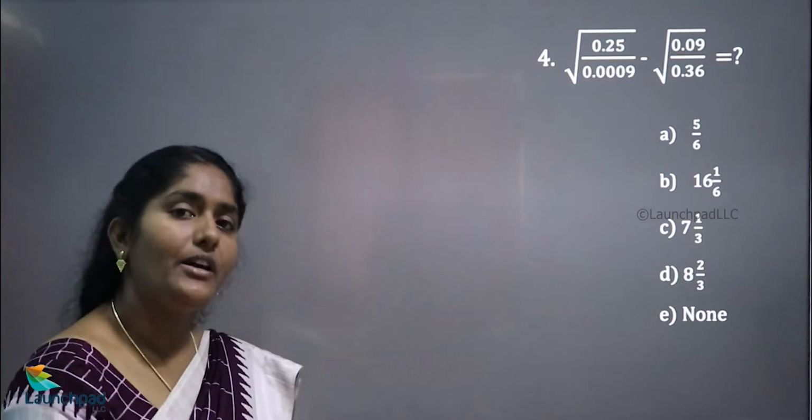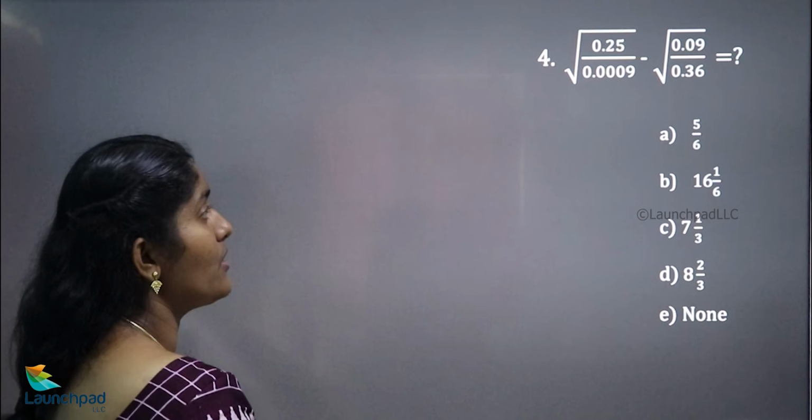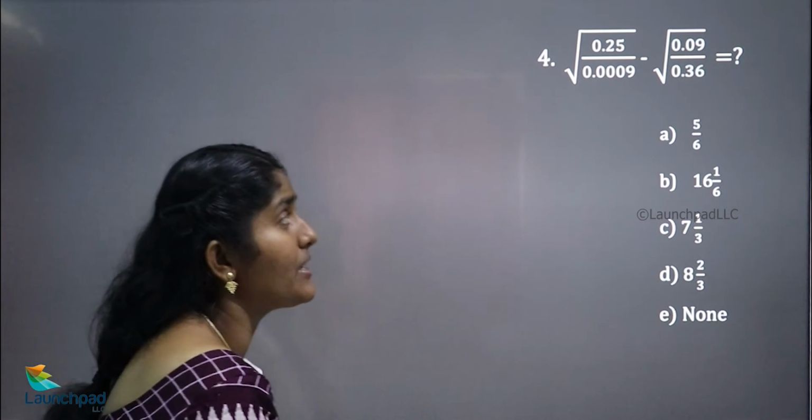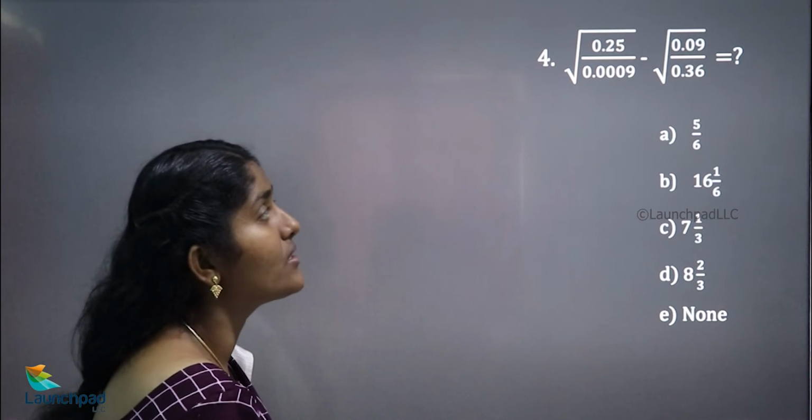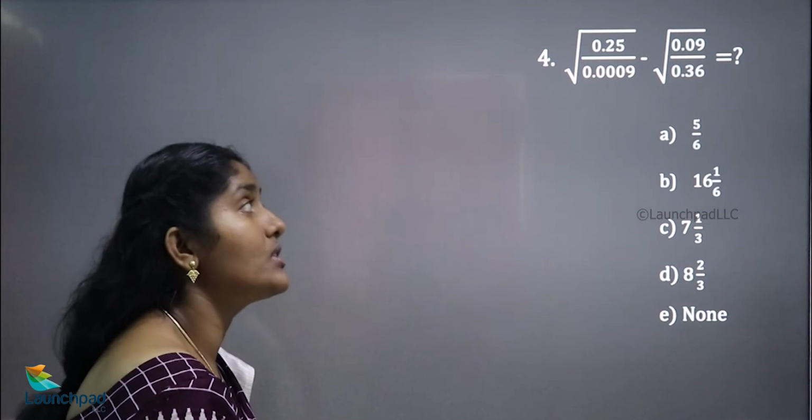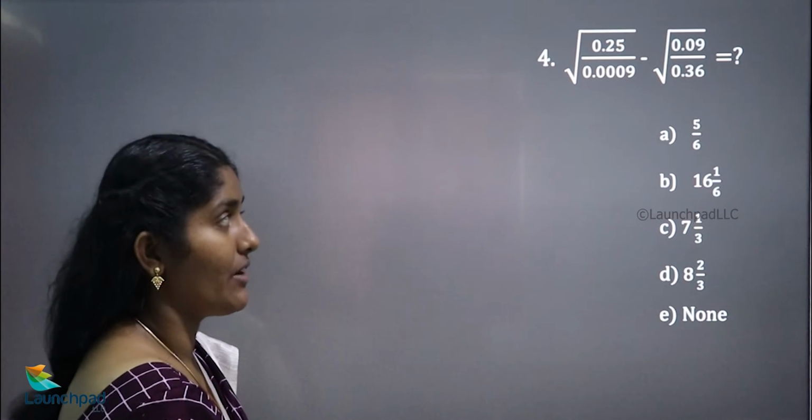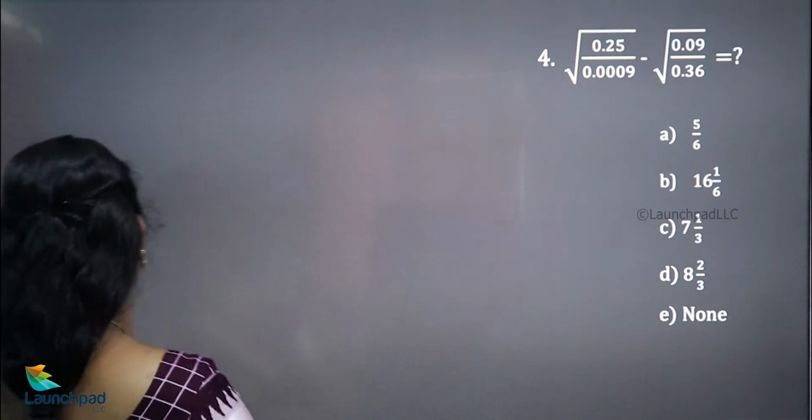Okay. And your next question is square root of 0.25 divided by square root of 0.0009, minus the whole square root of 0.09 divided by 0.36.